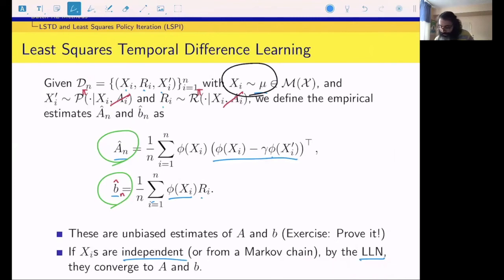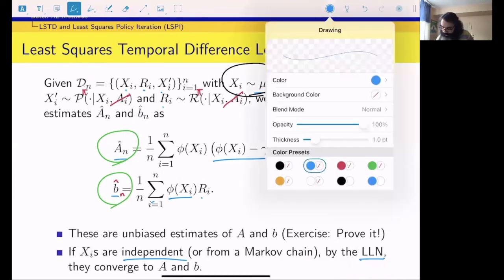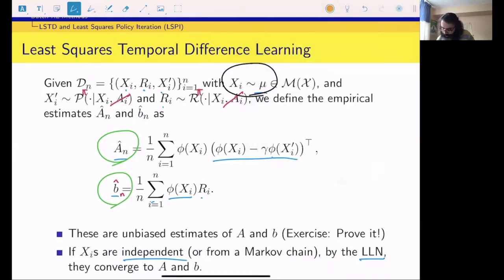So for example, to make it invertible, you add some epsilon I to it. What we know is that if n is large, like the number of data points is large, A hat of n becomes invertible because it's converging to A, which is an invertible matrix.